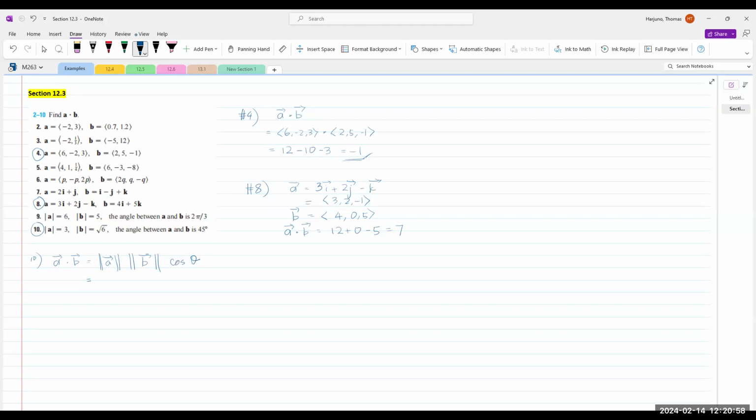Magnitude of vector A is 3, magnitude of vector B is square root of 6, cosine of the included angle 45 degrees. So this is 3 square root of 6 times 1 over square root of 2. That will be 3 square root of 3.